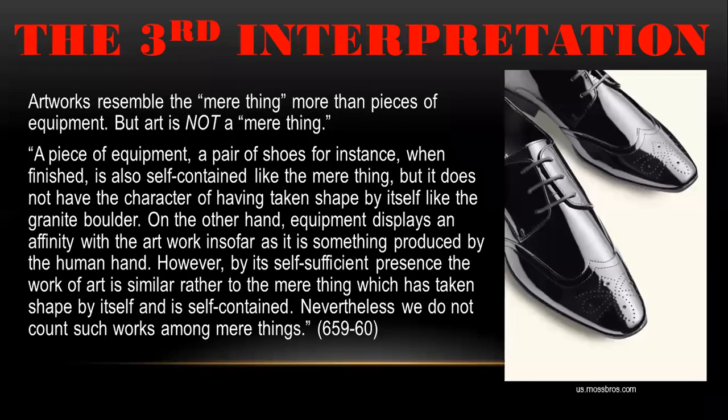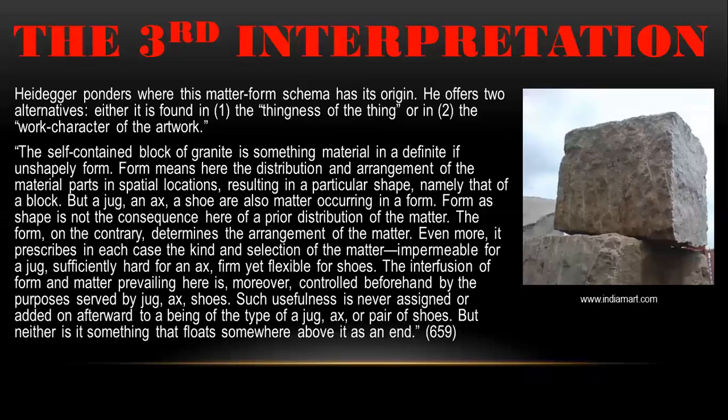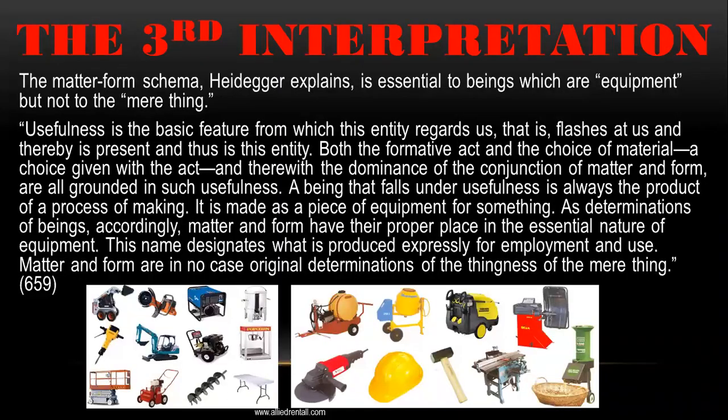So again, right, when we talk about the thingness of the thing, this third interpretation seems to take, Heidegger's saying, as its example particular things, namely equipment that are used, or use objects. And so it's too narrow, right? Maybe in some sense it's very broad.